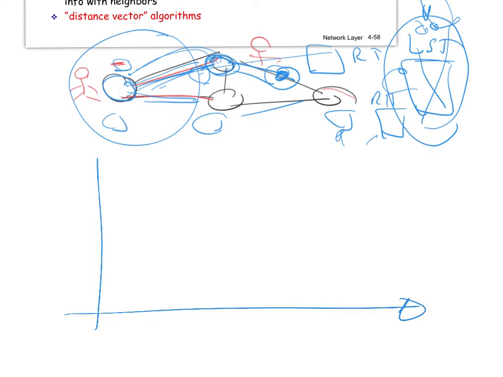So the amount of messages for link state will go up in the beginning until I reach a steady state, and then it will go down drastically. It will only be small when an event happens, like a router goes down or a router comes up.